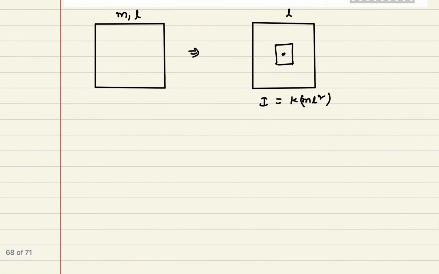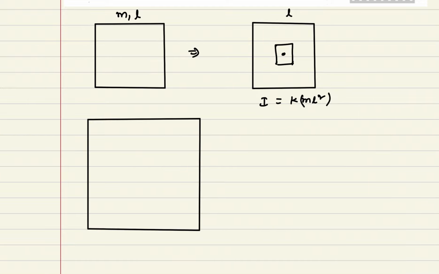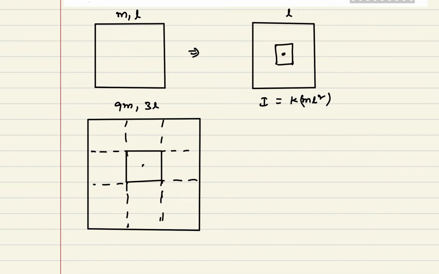Okay. Now for symmetry, this time I am taking a very big square plate. I am treating this square plate as a combination of certain square plates. You can see here, I am taking this as 9 square plates, having 9m as the mass and 3l as the length.